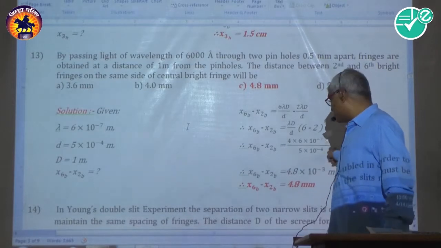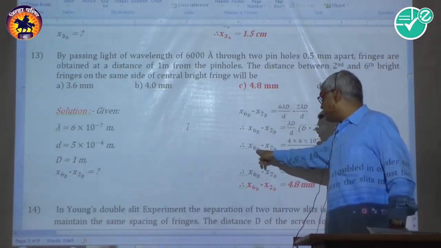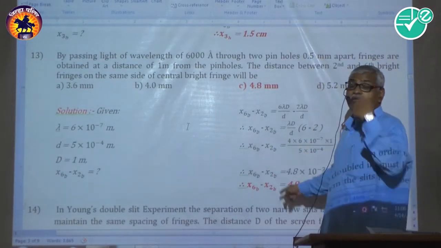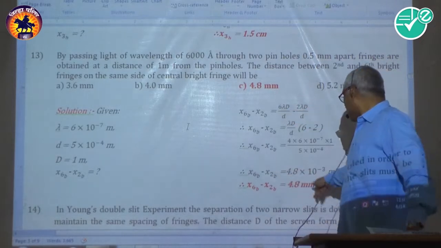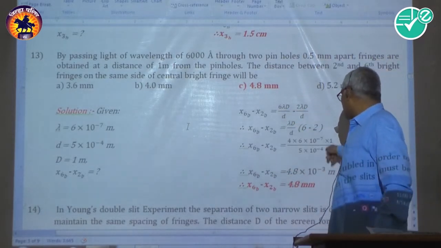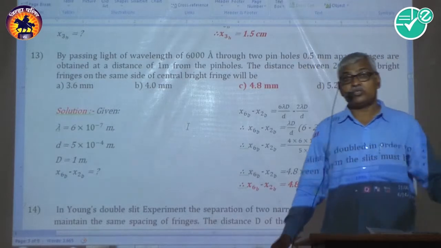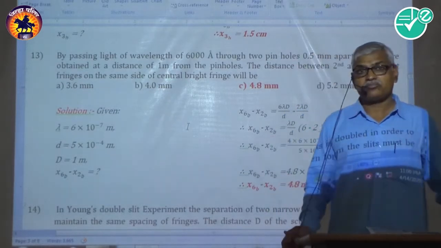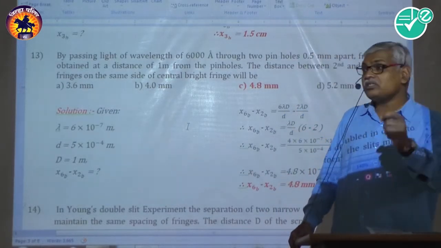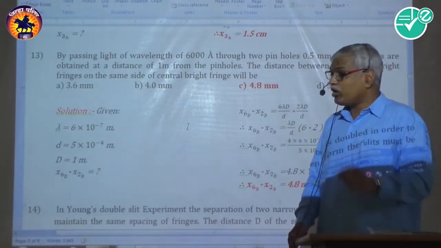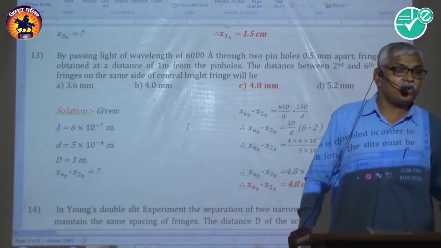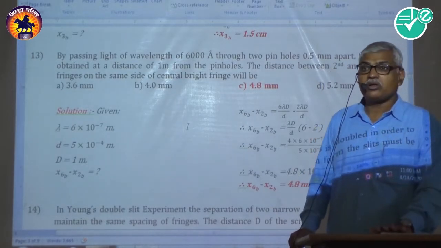After solving this, we get the difference between the sixth bright band and second bright band on the same side as 4.8 into 10 to the power minus 3 meters. Now, I have previously also told you that generally the distance or fringe width or distance between the slits, that is small d, is expressed in millimeter.